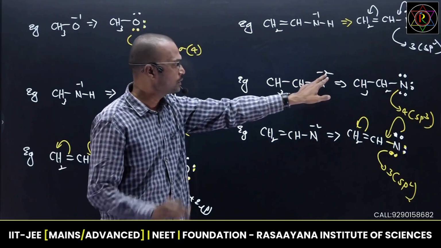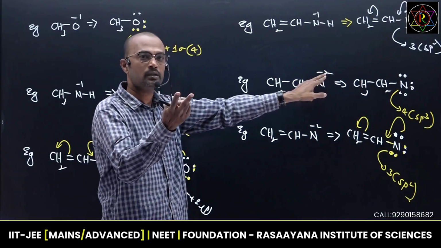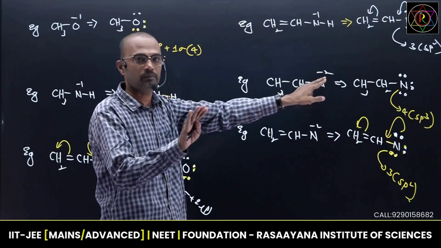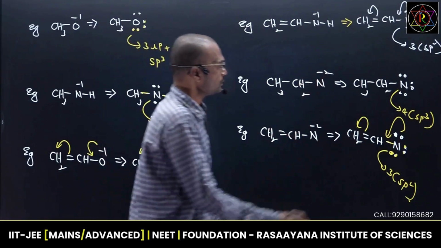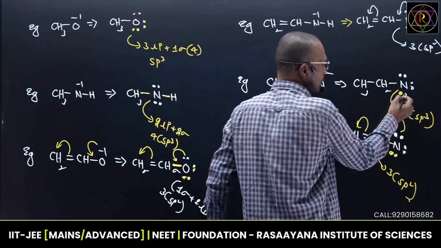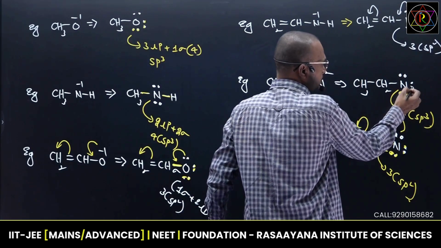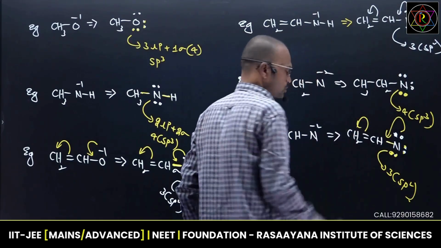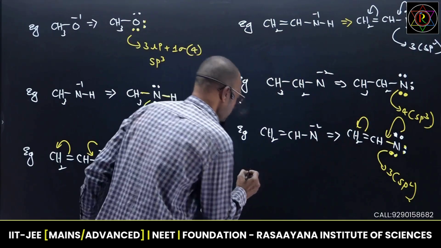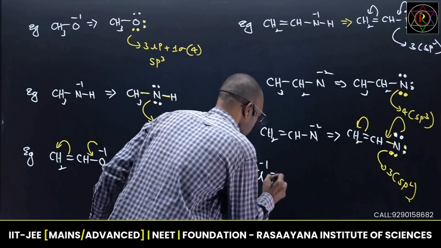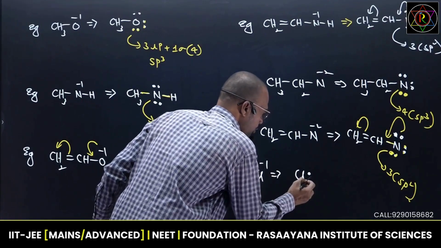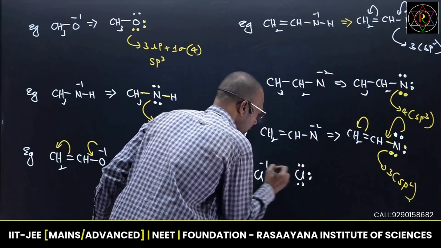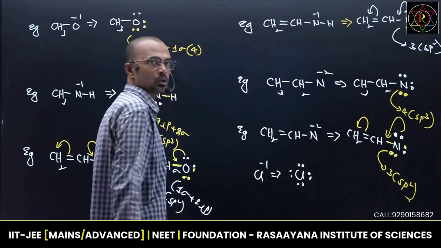-2 means 2 extra lone pairs, and already 1 lone pair is existing. This is the already existing lone pair on nitrogen. 2 lone pairs are nothing but -2. Suppose I write Cl -1. Chlorine carries 3 lone pairs already, and -1 means 1 extra lone pair. Like that we need to imagine.